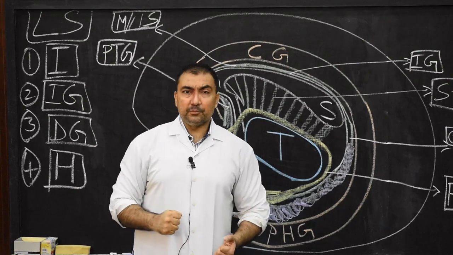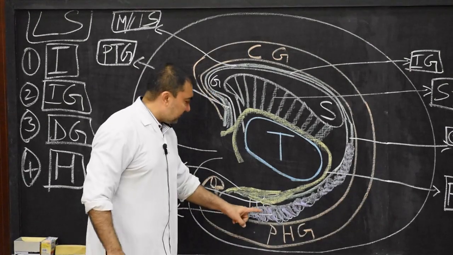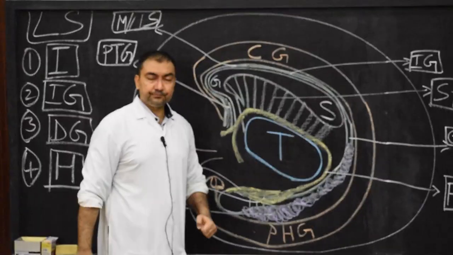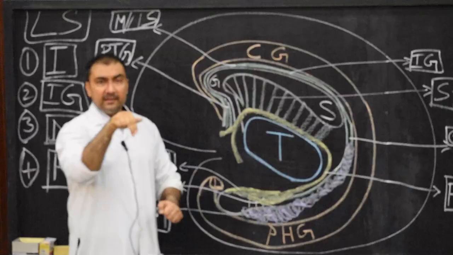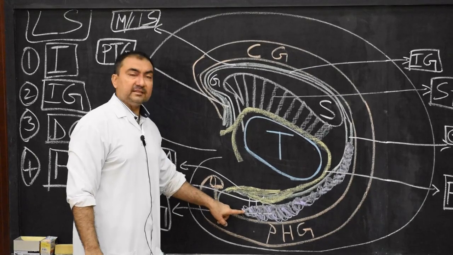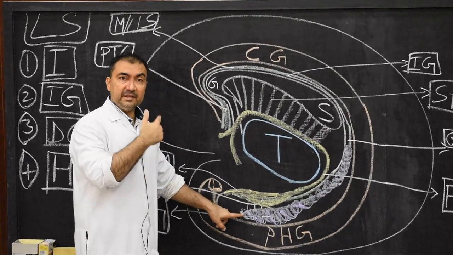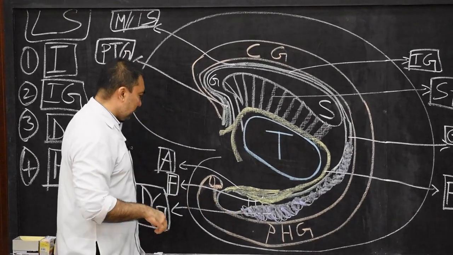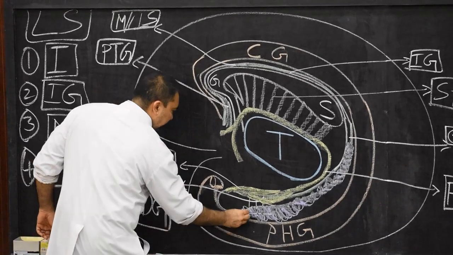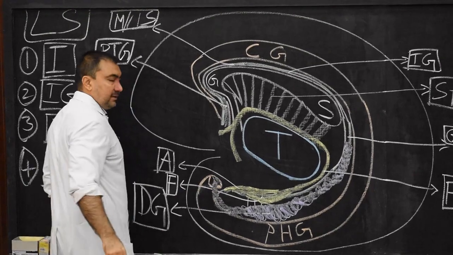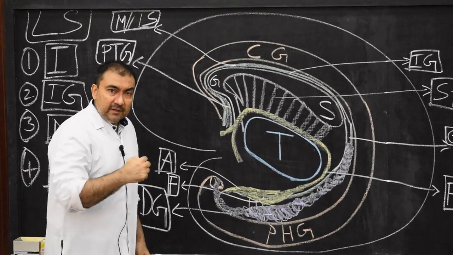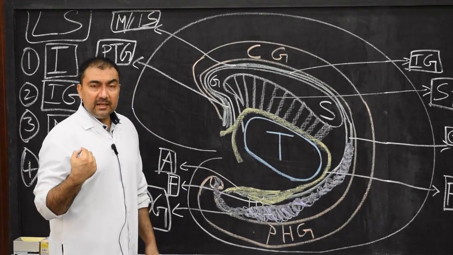Another important point about the location of the dentate gyrus. It will be present in such a way that anteriorly it will cover the uncus. Anteriorly it will stretch till the uncus. As it covers anteriorly till the uncus, it will suddenly turn back and medially.